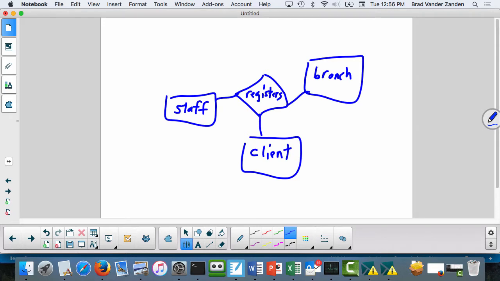So to figure out the multiplicity that should go there, what we do is say, pretend we have a specific staff like SG37, registering some client, say Brad. Well, the question is, how many branches could there be where staff member SG37 registers Brad?